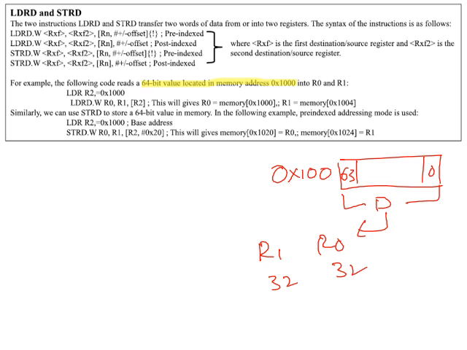Okay, and where should it locate that? So how to locate that? If you consider LDR, loading R2 with the memory address here, LDRD dot W R0 and R1. Okay, this will give R0 and R1 the memory location value. So 0x100, how many bits can it store? 0x100 is actually 32 bit.